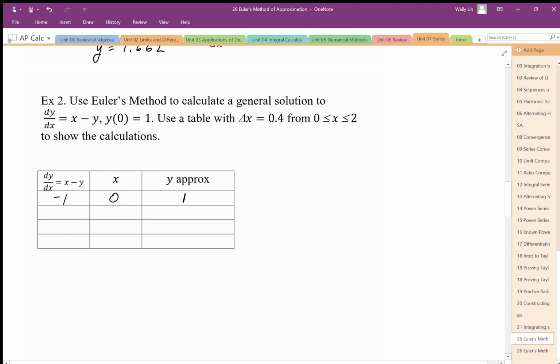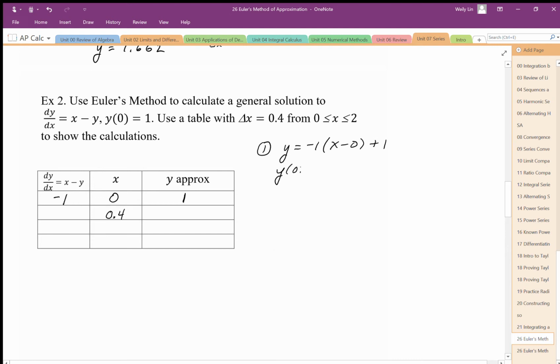Once I have my slope and my point, I can generate my linear equation formula. So my equation is going to look like this: y is equal to my slope times x minus 0 plus 1. So there is my equation to calculate my next coordinate. My next coordinate is going to be at x equal to 0.4.